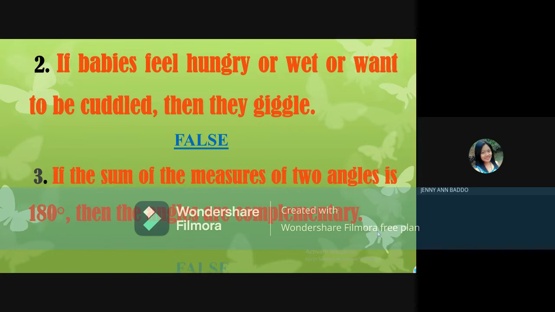Therefore, this statement is false. A pair of angles whose sum of measures is equal to 180 degrees are called supplementary angles, not complementary.